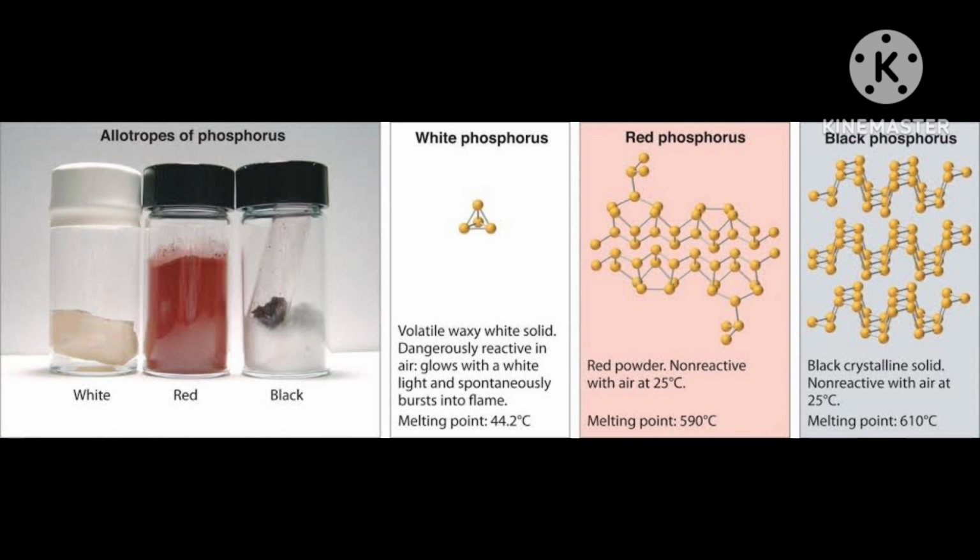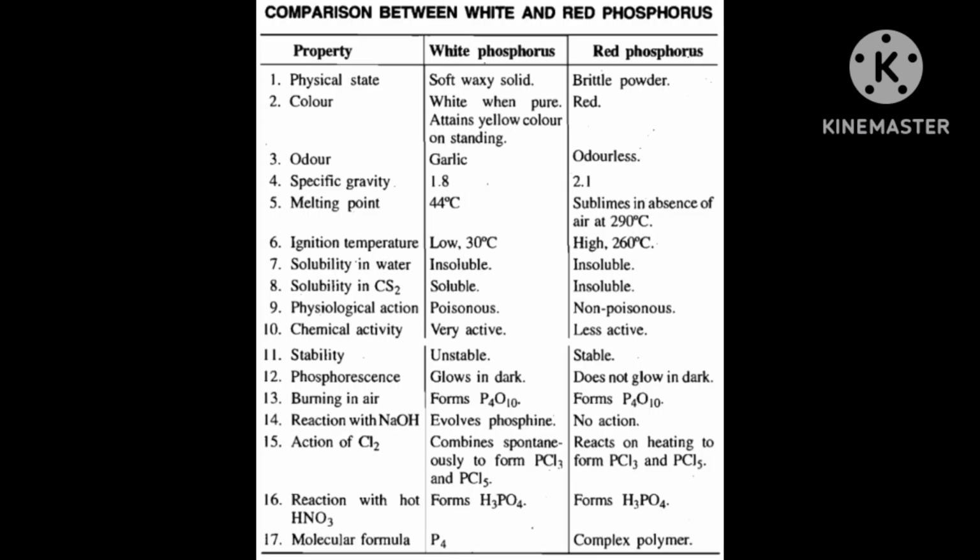Now I am going ahead. The red phosphorus structure is the same way as P4, but here 3 P4 units are joined to each other, 4 plus 4 plus 4, a total of 12. One P4 is joined with another P4, and that P4 is joined with a third P4.